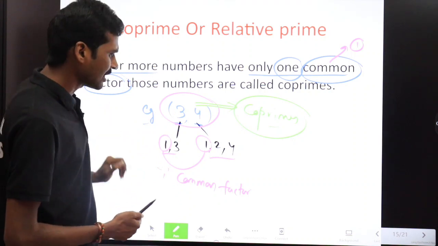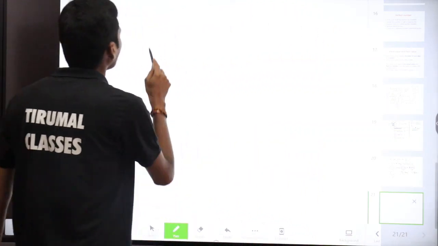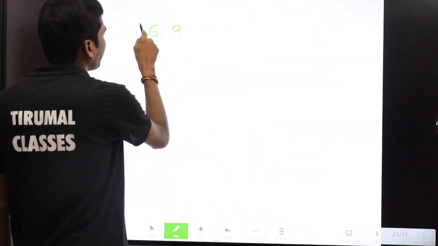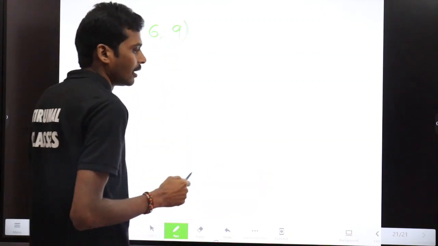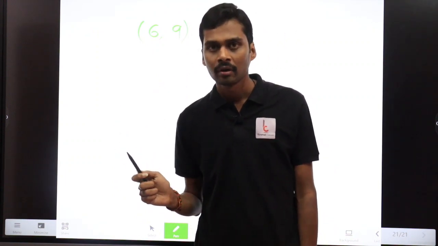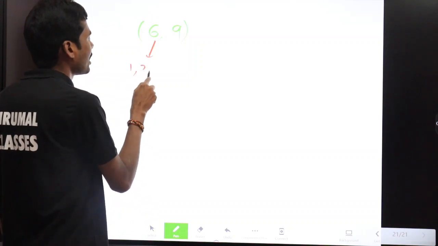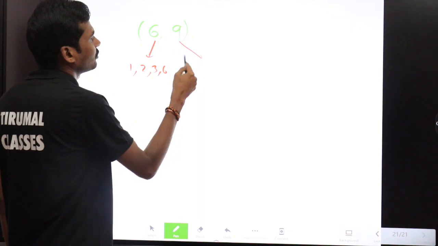Let's take another example. Suppose I take 6 and 9. Can I say that 6 and 9 are co-prime or relative prime? Let's see. 6 has factors 1, 2, 3 and 6. What are the factors for 9?